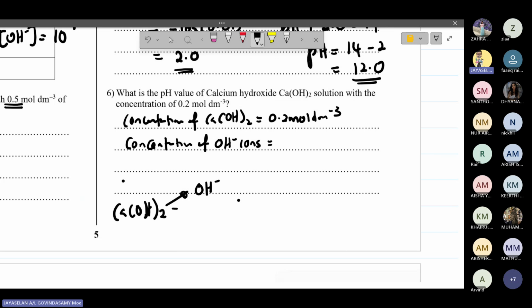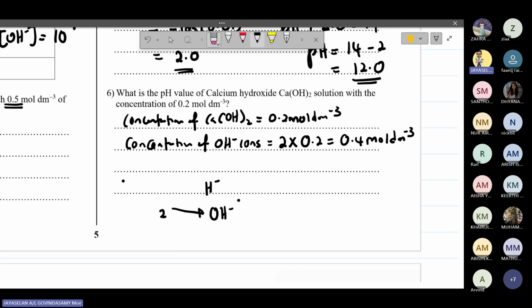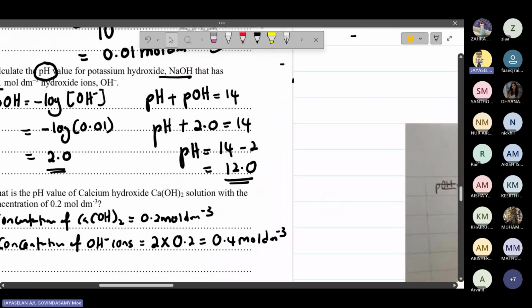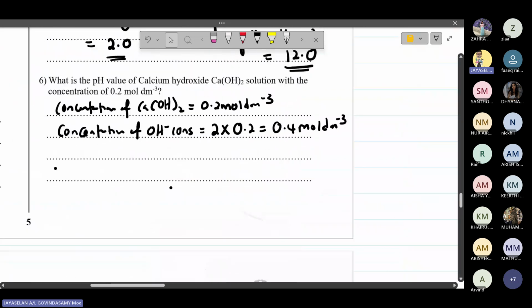We have one hydroxide, we have two hydroxide. That means what you have to do? 2 times 0.2, which is 0.4 mol dm^-3. We have two hydroxide ions, dua hydroxide ion. Saya tengok balik dia ada buat tak? Okay, tak ada. So 0.4 mol dm^-3.